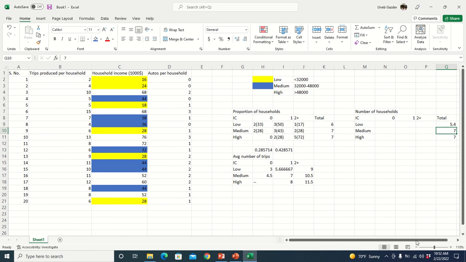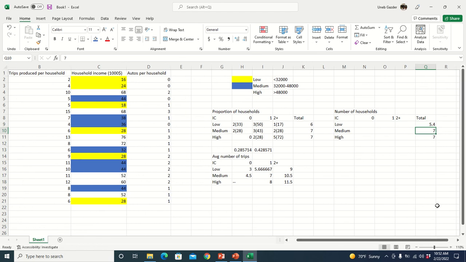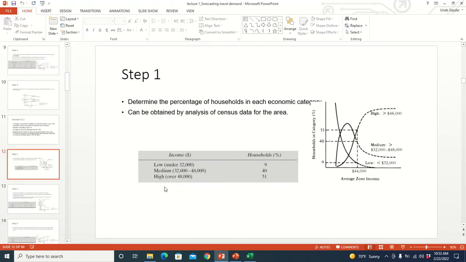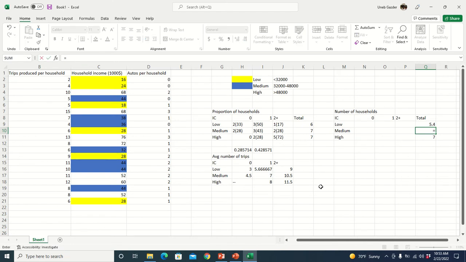So that is 5.4 households which belong to low income category. And then I have 40% belonging to medium income. So 60, that is 24 households. Okay, and the remaining, okay, 30. So let me make it 31. Okay, or I can keep it as it is for the time being. Okay, we can do some rounding off over here.